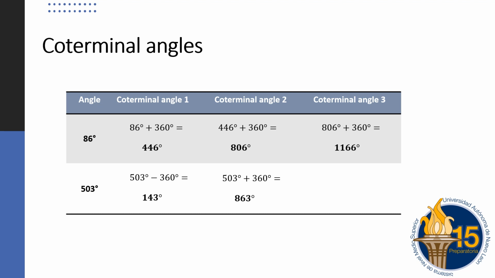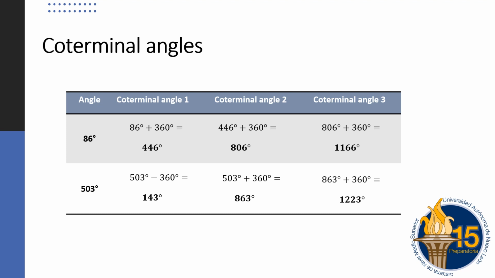Another coterminal angle is 1223 degrees, because once again we add 360 degrees, and 863 degrees plus 360 degrees equals 1223 degrees.